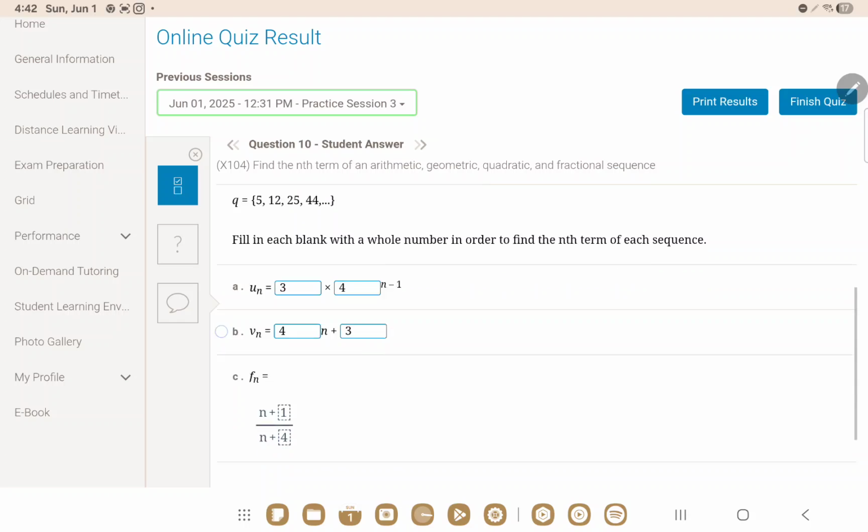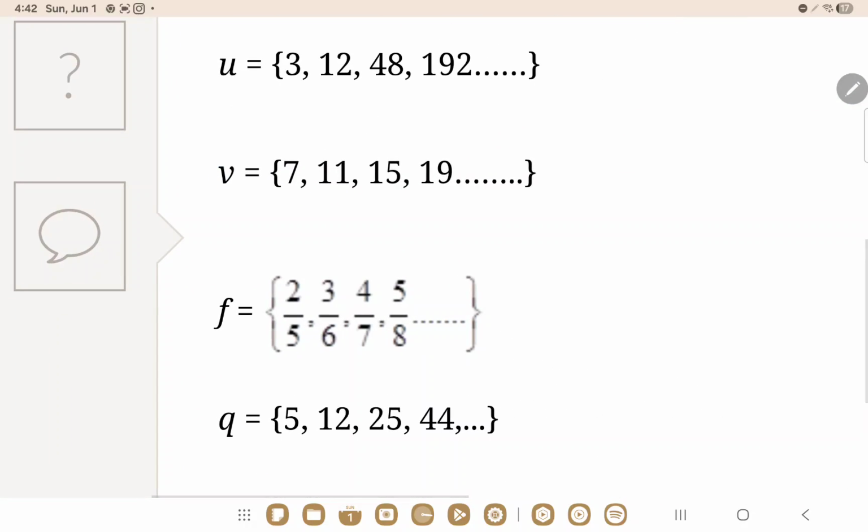See? Now for this one, you need to look at the numerator and the denominator. What happens in the numerator? It's plus 1, right? This is the first term, first term plus 1, so it's n plus 1. Now, this is the first term, right? And this is the second term.